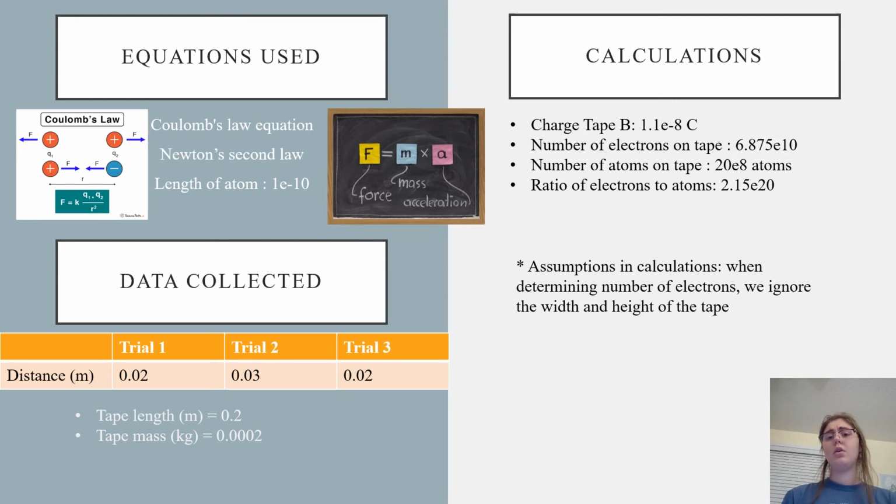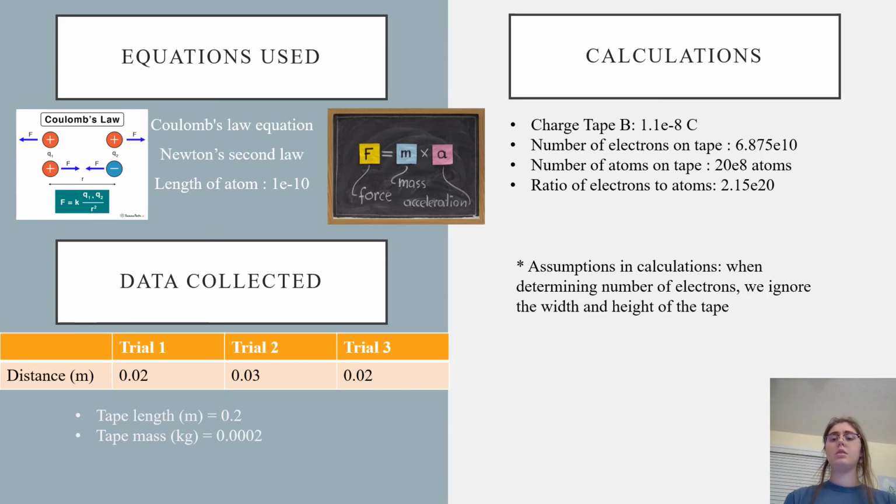From there, we can then determine the electrons on the tape by taking the charge on the tape and dividing it by the charge of an electron. And we can then determine the number of atoms on a tape by seeing that the length of an atom is 1 times 10 to the negative 10th, and have the length of the tape divided by that number.